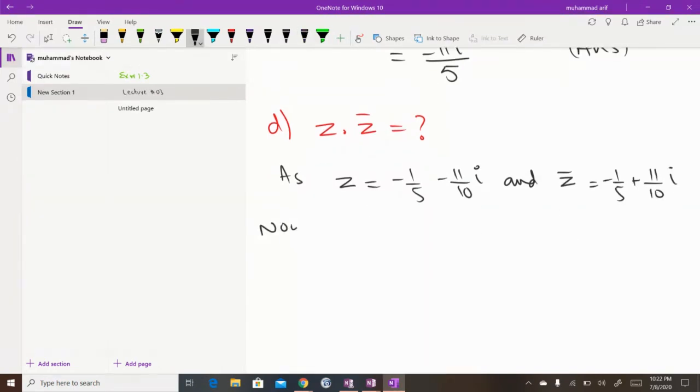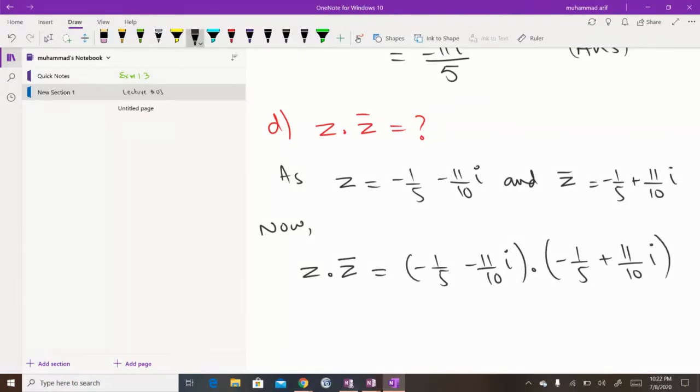Now write z into z conjugate. What is z? Negative 1 by 5, negative 11 by 10 iota. What is z conjugate? Negative 1 by 5, positive 11 by 10 iota. Here again we see that it becomes a formula, that is, we consider this a minus b, and again a plus b.